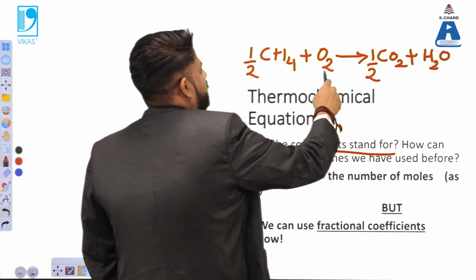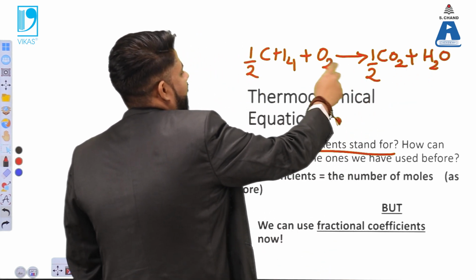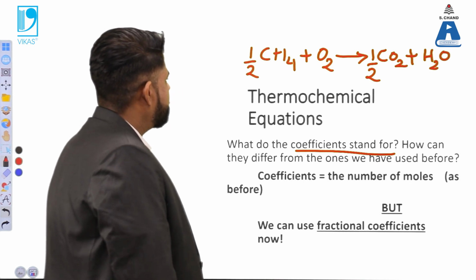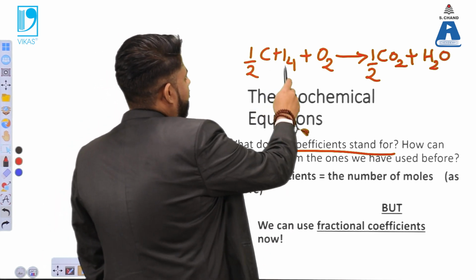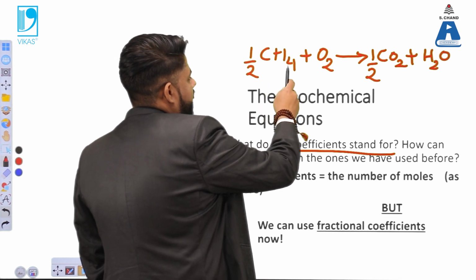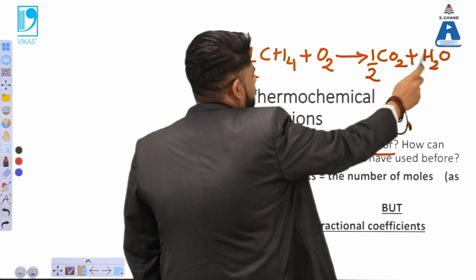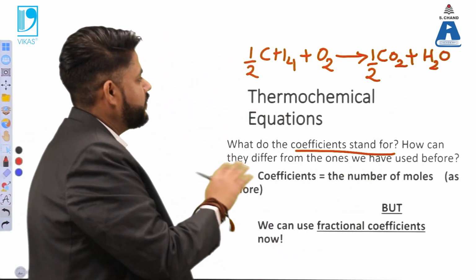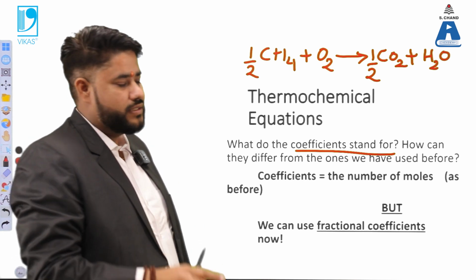So, you have 2 molecules of oxygen just to balance the oxygen part, and this half multiplied by H4 gives the value 2, and hydrogen also has the value 2, so that the equation gets balanced.